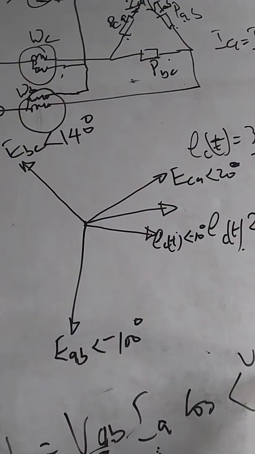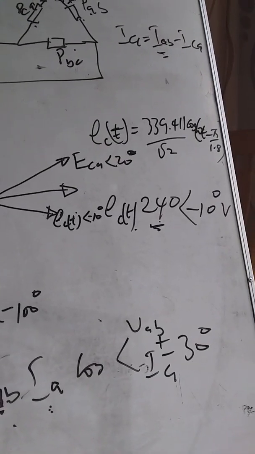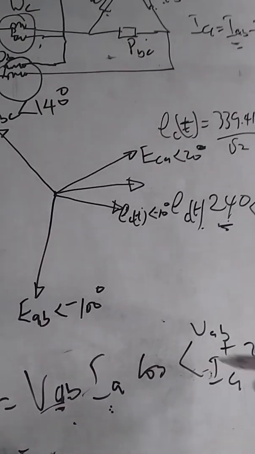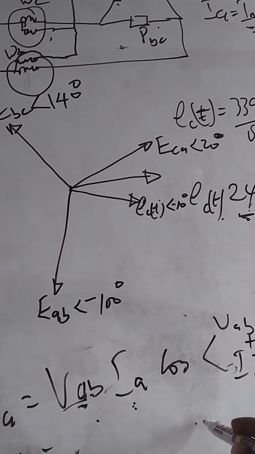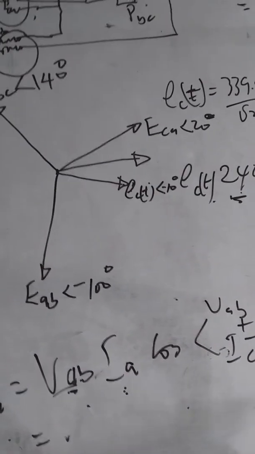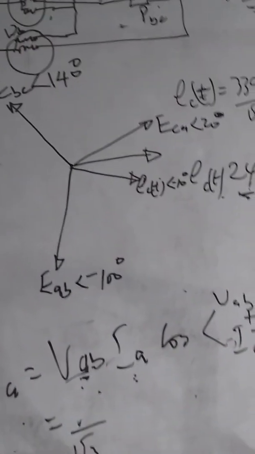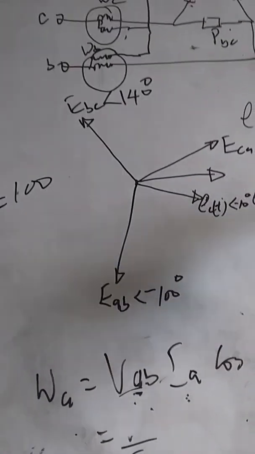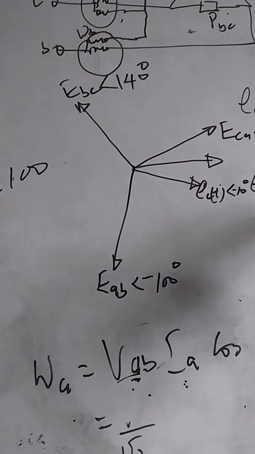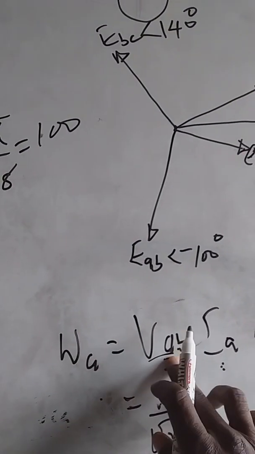So that means plus or minus 30 degrees will be the angle you add or subtract based on the direction of rotation. Because it is positive phase rotation, whatever angle you have there, you subtract 30 from it. But this voltage here should be divided by √3 because of this phase. But unfortunately, here you have a phase voltage given for the question. Then your VAB, you have line voltage here.